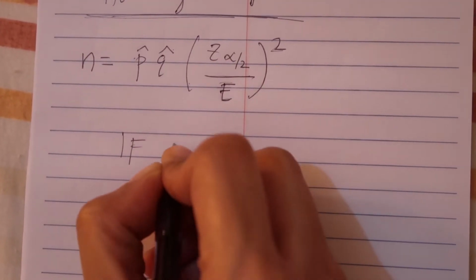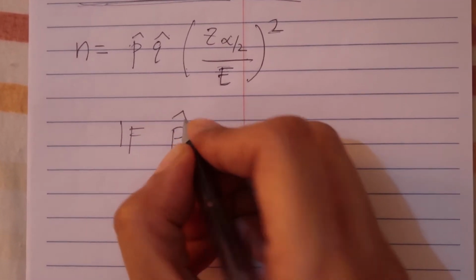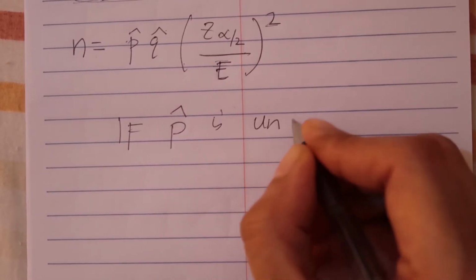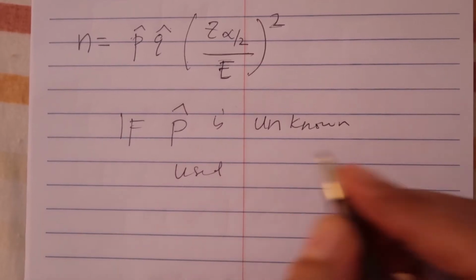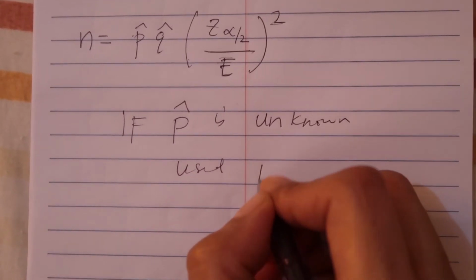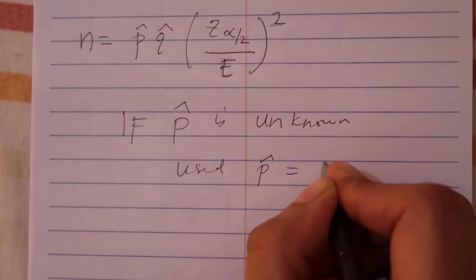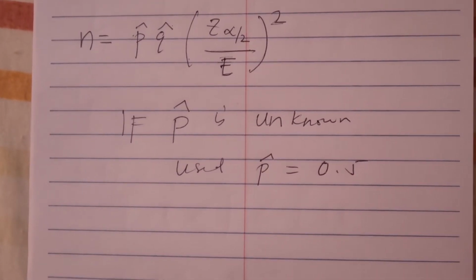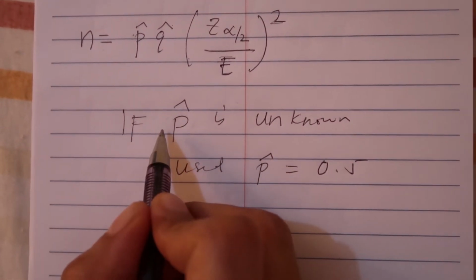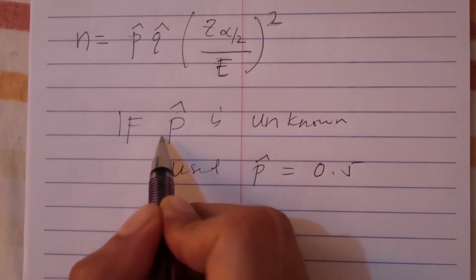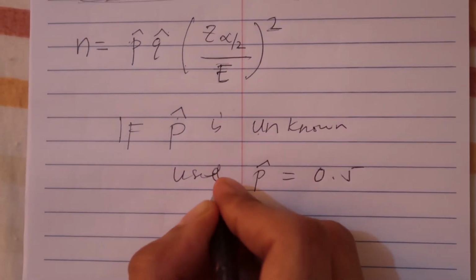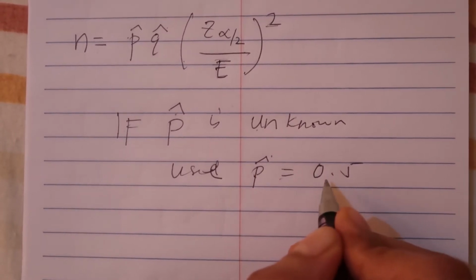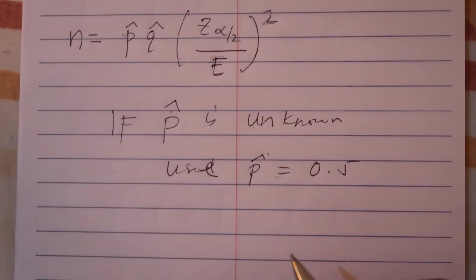If p hat is unknown, use p hat equals 0.5. If p hat is unknown, meaning it's not given, use p hat equal to 0.5.